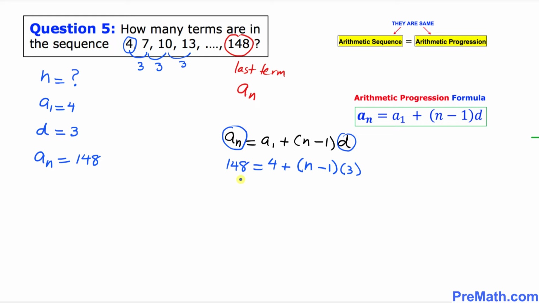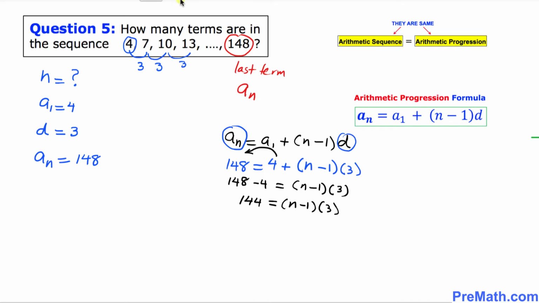The very first thing I am going to do is move this 4 to the left hand side. So this becomes 148 minus 4 equals n minus 1 times 3. 148 take away 4 is 144, equals n minus 1 times 3.